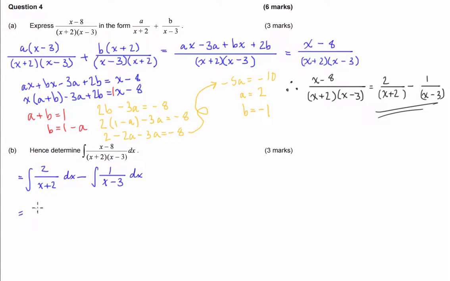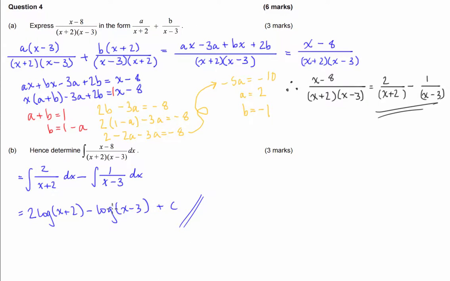The integral of this is going to be 2 log of x plus 2, minus the integral of this, which is 1 log, but you don't have to put the 1 in, minus the logarithm of x minus 3, plus c.